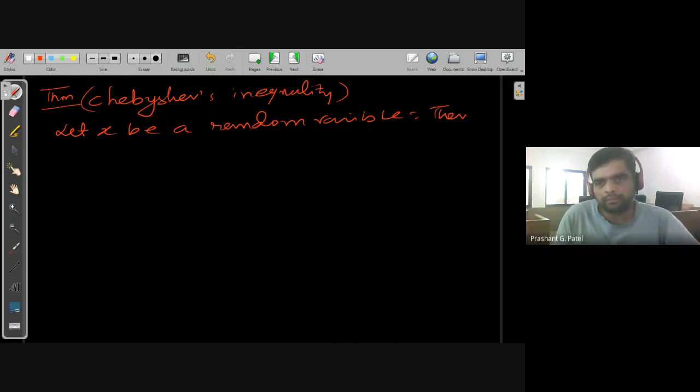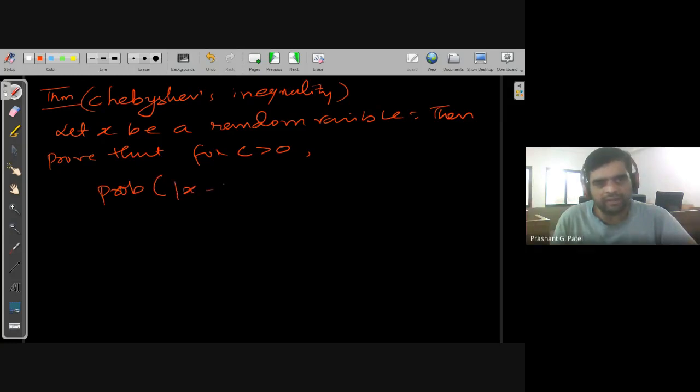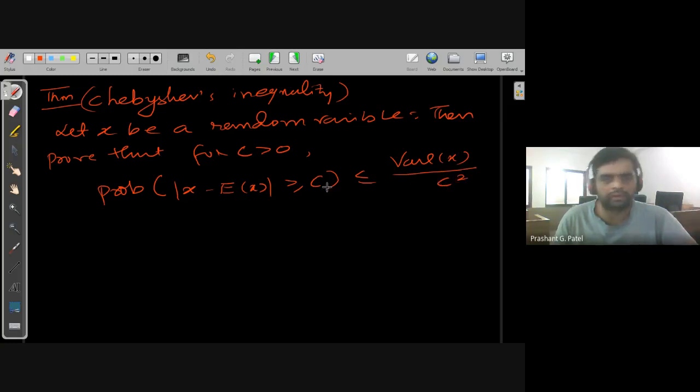Then prove that for c greater than 0, the probability of |x minus expected value of x| greater than or equal to c is less than or equal to the variance of x upon c squared.